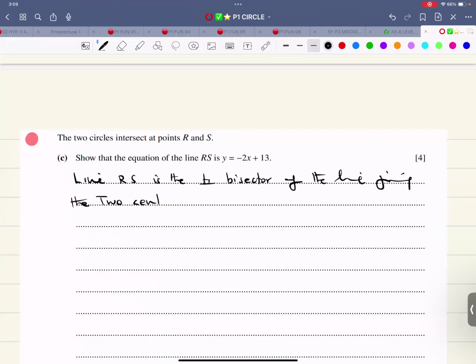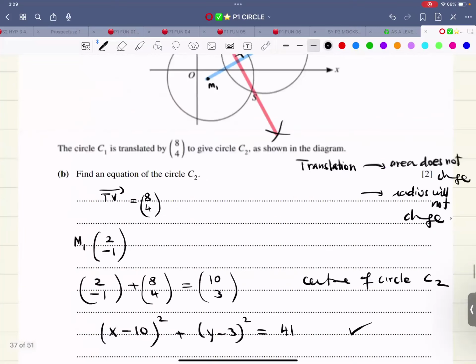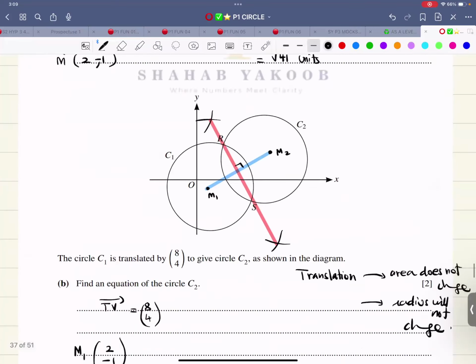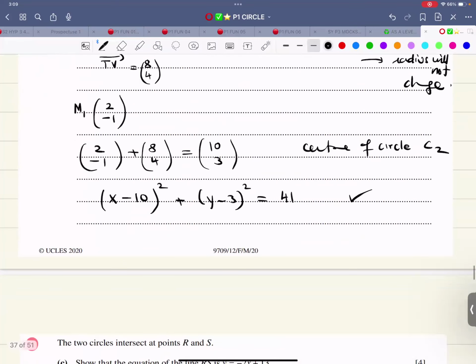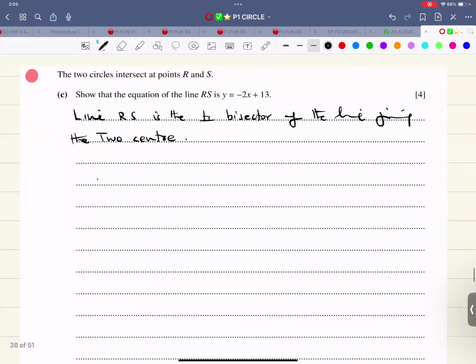That is what the logic is. This is something very basic which was taught in O-level maths in the chapter of loci. So now one center is 2, -1, let me call it M1. The other one, M2, is 10 and 3.